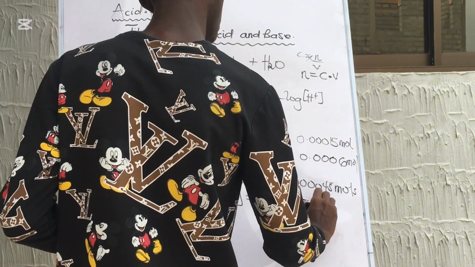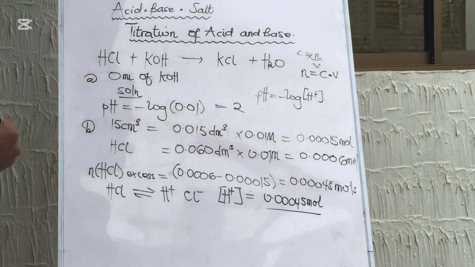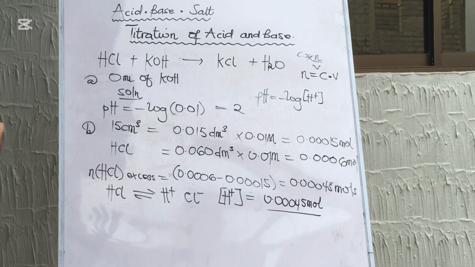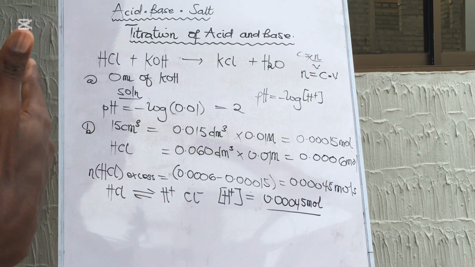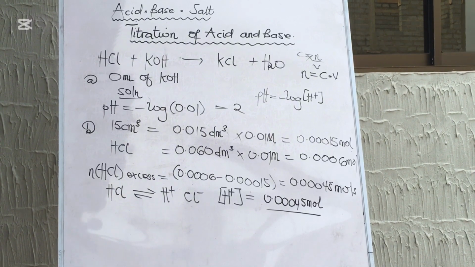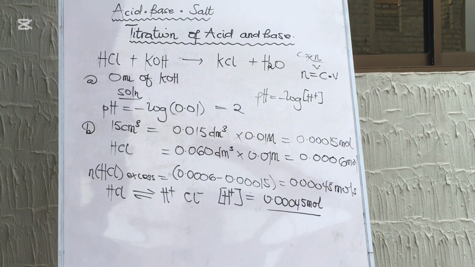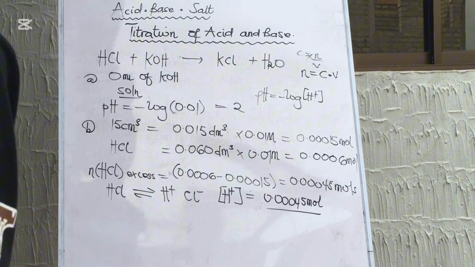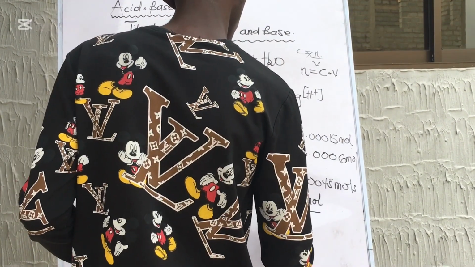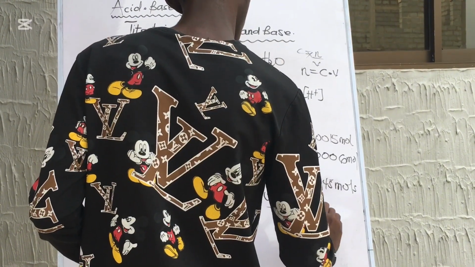The concentration of H plus is given as 0.00045 moles divided by the total volume. What's the total volume here? When you add the 15 centimeter cube to the 60 centimeter cube and combine these two volumes, you get 75, because 60 plus 15 gives 75. Then 75 centimeter cube, converted into decimeter cube, gives 0.075 dm cube.